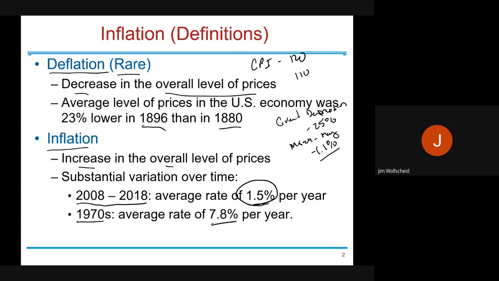In their adult life, in their childhood, in different areas, we have different experiences with inflation. If you're from different countries, you have different experiences with inflation. For the most part, from about World War II to today, US inflation has been right around 2.5%.